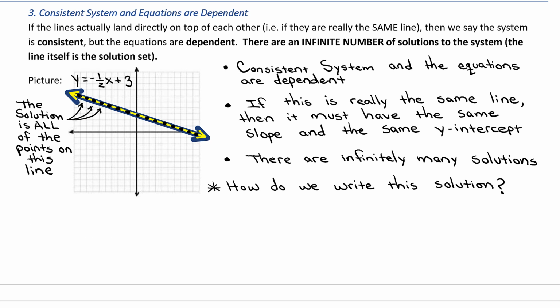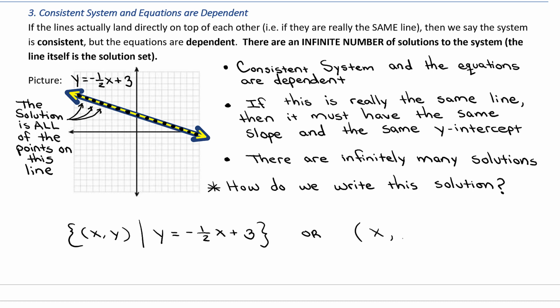So let's say that the equation for this line is y equals negative 1/2 x plus 3. So we would open up a set of braces and we would say it's going to be the set of all ordered pairs x comma y such that y equals -1/2 x plus 3. Close your braces. And this would represent the solution set in set builder notation.